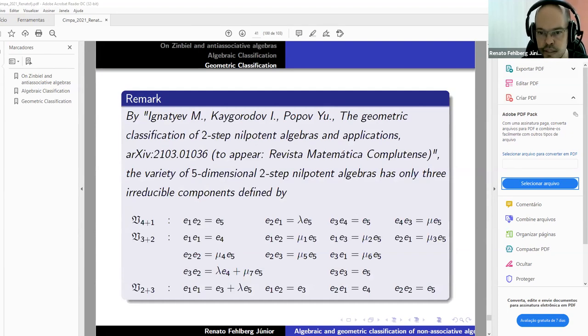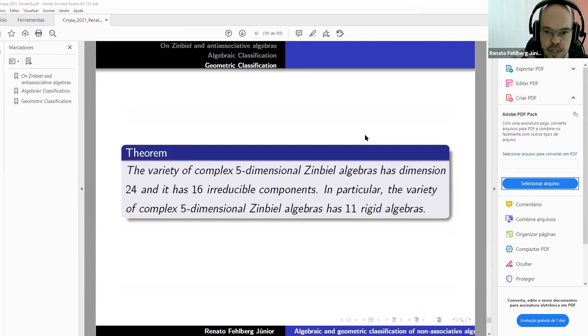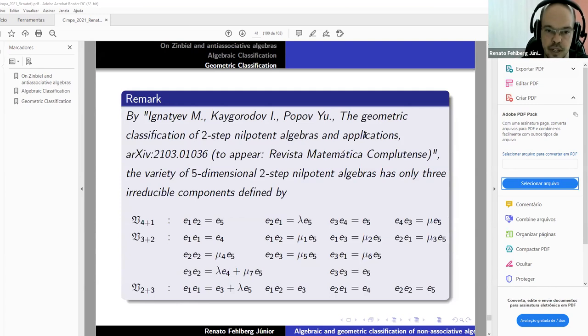Before presenting the geometric classification theorem, there is an important remark to make. In this geometric classification, for example in the case of Leibniz algebras, we obtain the classification of all 5-dimensional Zinbiel algebras.